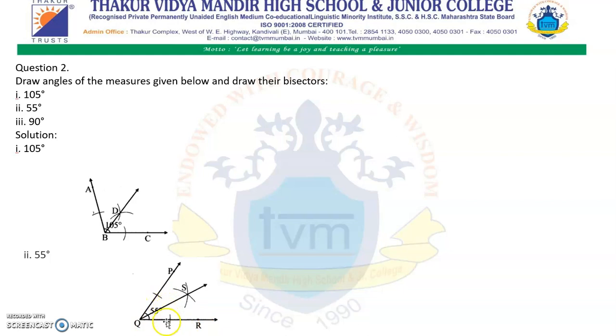Measure the distance of these arcs. Take a radius more than half of it. Draw one arc. From the next side, draw another arc intersecting the previous at point S. Join Q and S. We get the angle bisector of the angle.